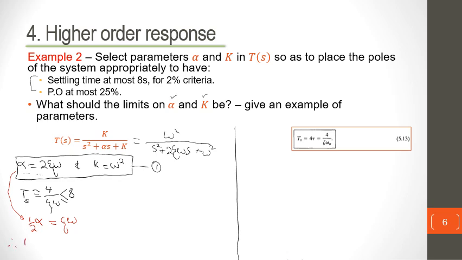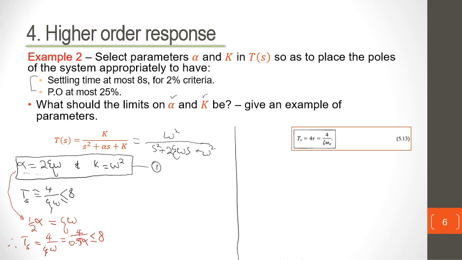Therefore, the settling time, which is equal to 4 over the damping factor times the natural frequency, is equal to 4 divided by 0.5 alpha, and this should be less than 8.